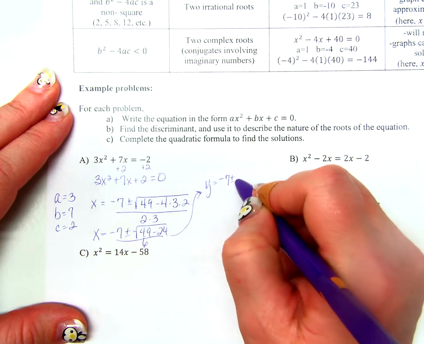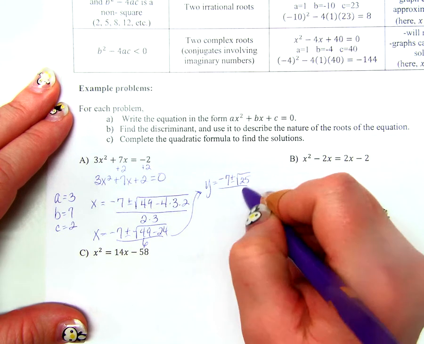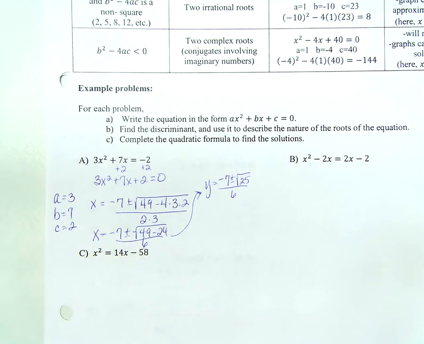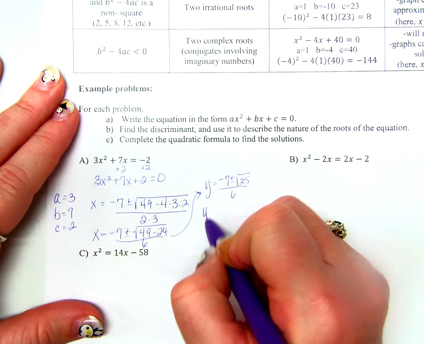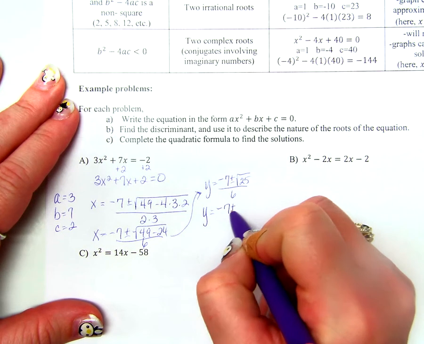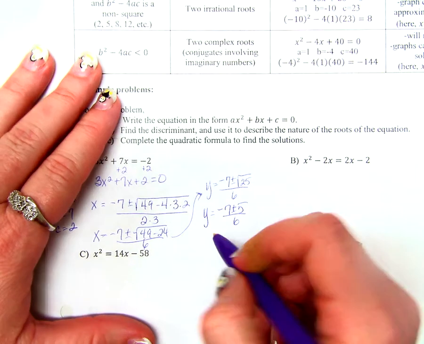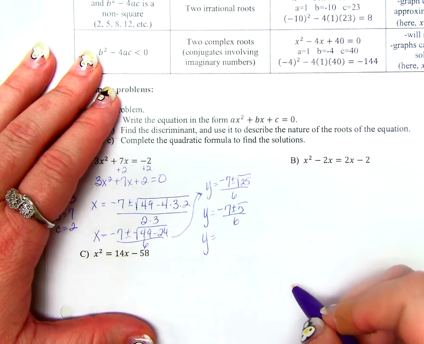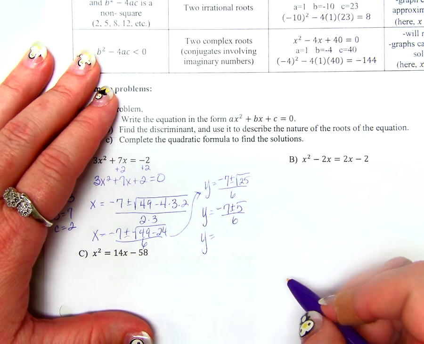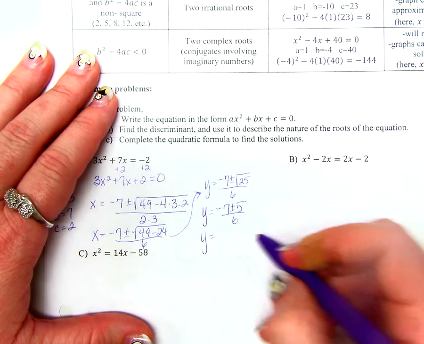Negative 7 plus or minus the square root of 25 over 6. I know the square root of 25, do you? I know you do. What is it? X equals negative 7 plus or minus 5 over 6. What is negative 7 plus 5? Negative 2. What's negative 2 divided by 6?